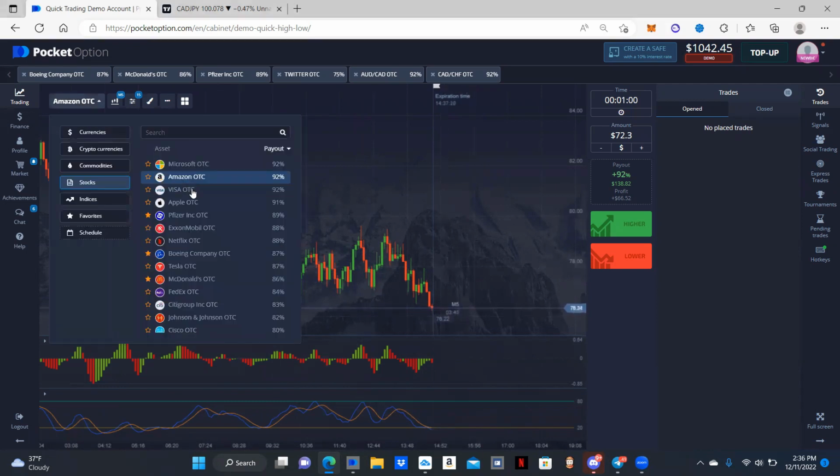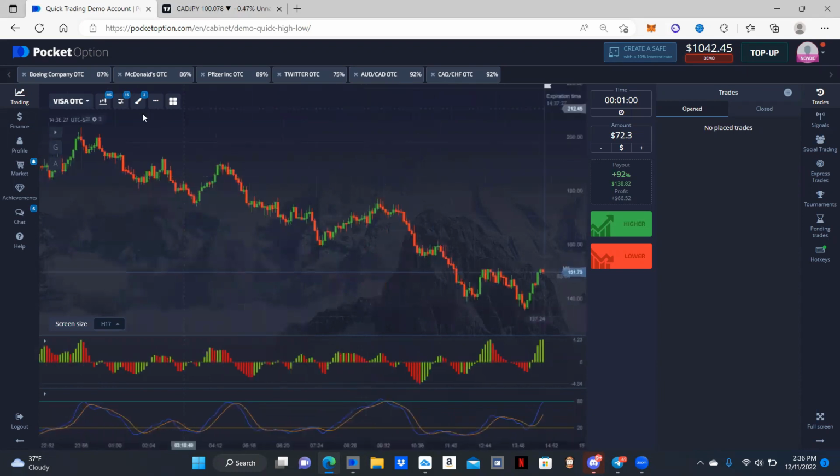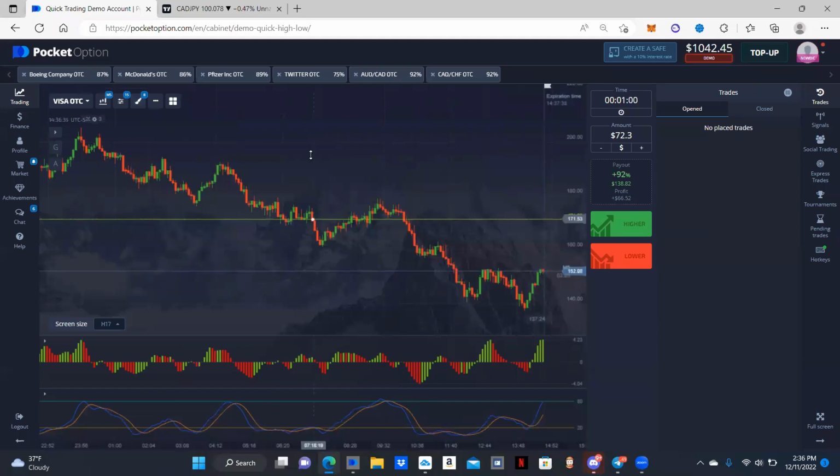Okay, let's go to, oh, we can do Visa too. Visa look good. Okay, let's do Visa. Let's mark up our support and resistance lines. Again, these are my highest points with my body, the top of the body of my candlestick, so I'm going to start there.